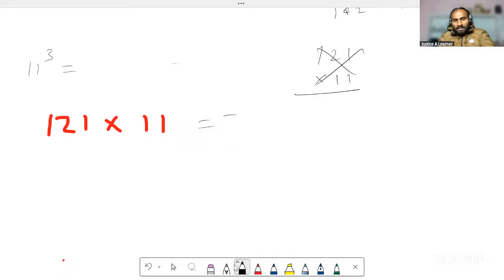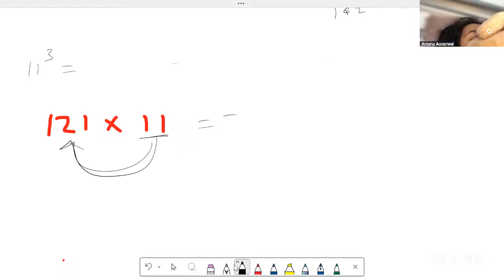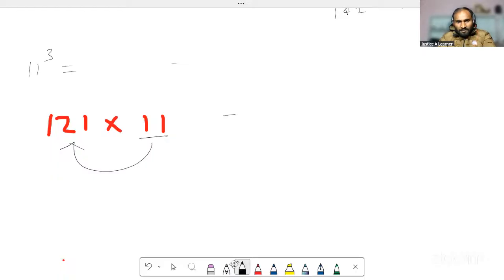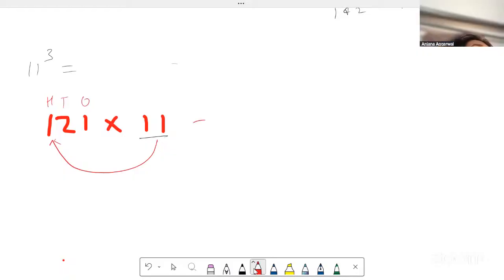So what I would do, I would simply multiply this number with the first digit, the first number that is standing at hundreds, and this is standing at tens. This is standing at ones. I hope you know that already, right? Yep. So I would go with that method.